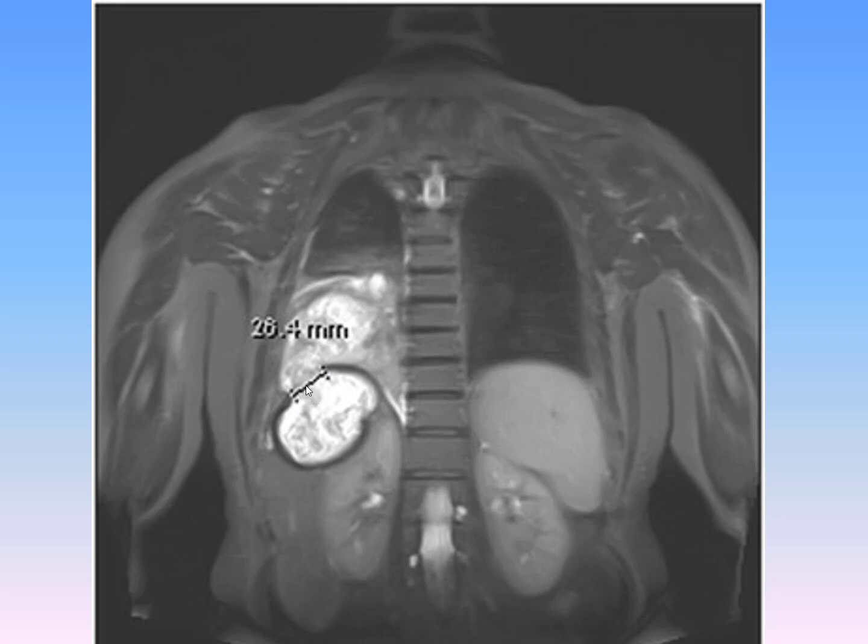This is basically the communication between the hydatid cyst here in the liver and the hydatid cyst in the lung. So this is actually called a hydatid pulmonary fistula.